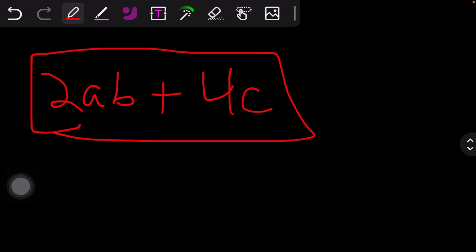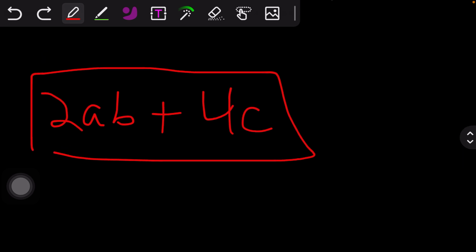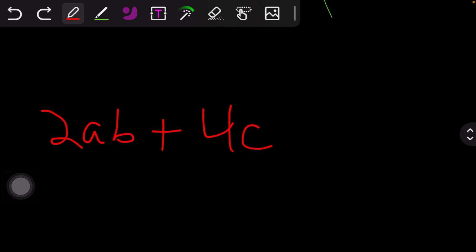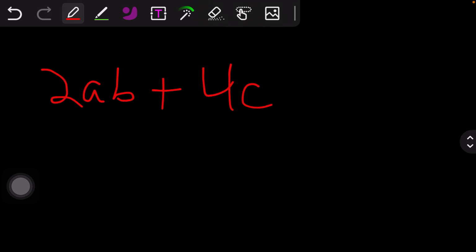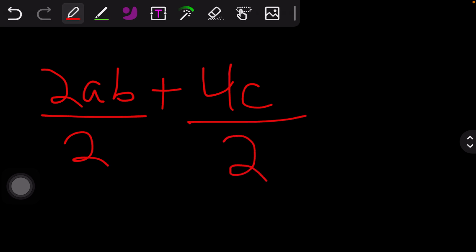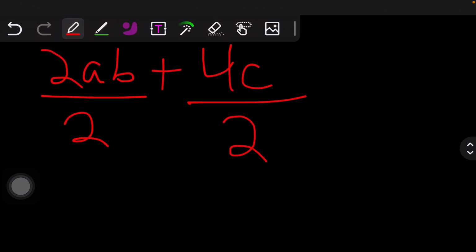So the first step, in this particular case, is to divide both of these terms by 2. We're going to look at what they have in common. We can take a 2 out of this first term. We can also divide the second term by 2 because that's a 4 right there.